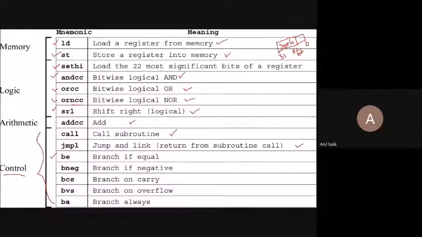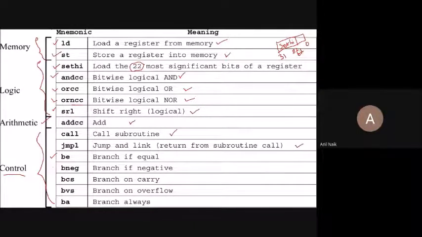ADDCC is an arithmetic instruction. Then set high means we are setting logic 1 to the most significant 22 bits. Then OR, NOR, and shift right. Here only the important instruction mnemonics are mentioned, and load and store are the memory related instructions.